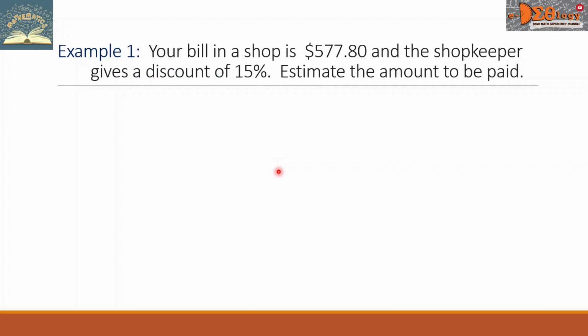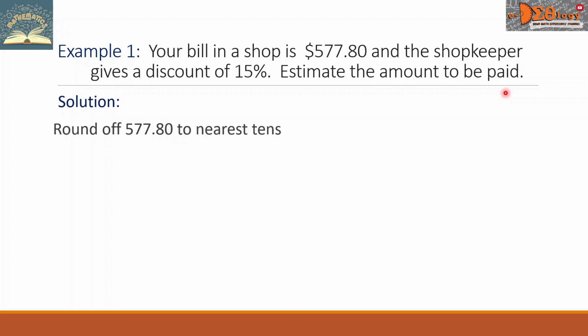Let's see examples. Example 1. Your bill in a shop is $577.80 and the shopkeeper gives a discount of 15%. Estimate the amount to be paid. Let's round off this 577.80 to the nearest tens.